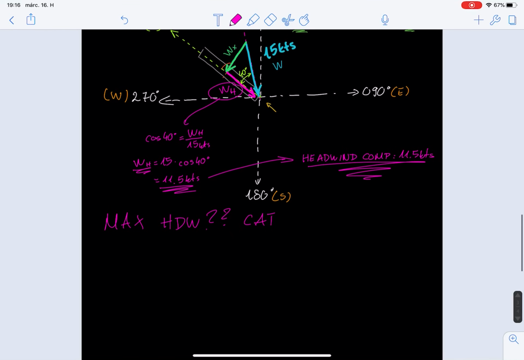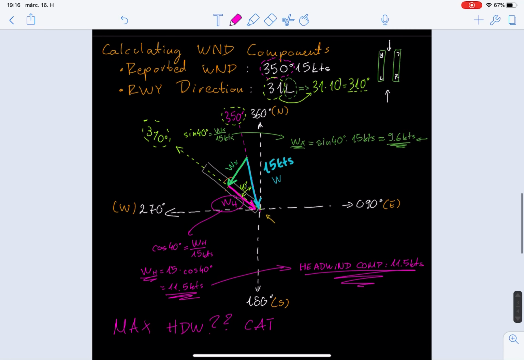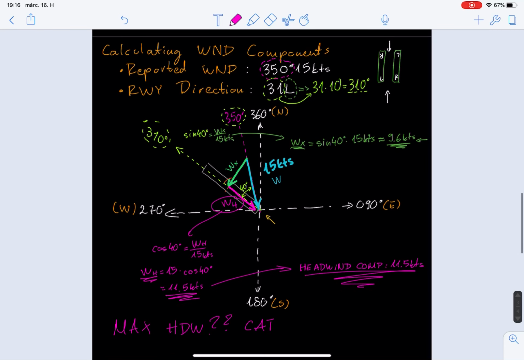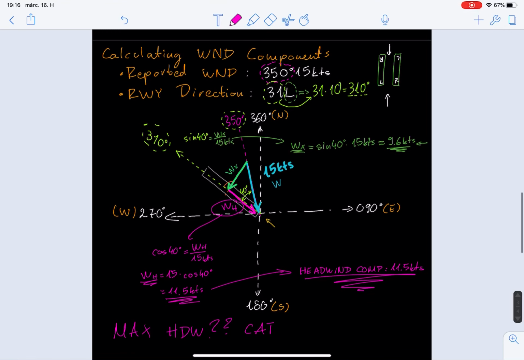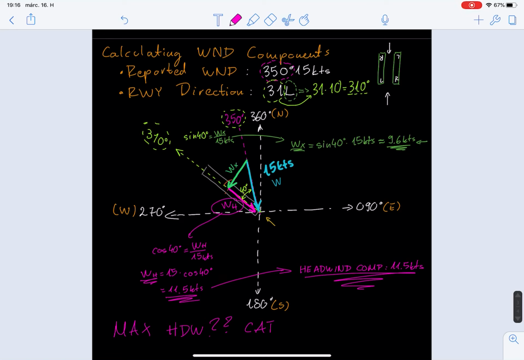Okay, but for this exercise we had to. I would just advise you to do at least a few of these calculations so that it becomes more and more automatic, because as you can see, it takes quite a few steps, and it can take up quite a bit of time if you don't have a lot of experience with it, even if you know how to calculate the right angle.